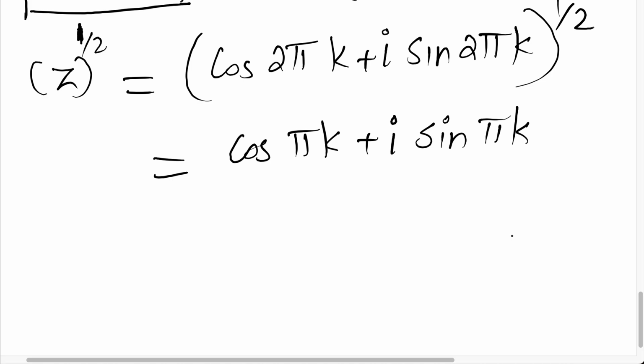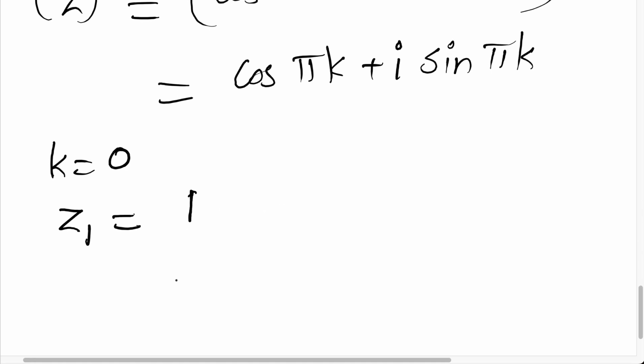What value can k take? Well, k can be 0 for example, and then what will I get the square root as? Cos of 0, which is 1, and sine of 0 is 0, so I'll get this as 1. What if k is 1?